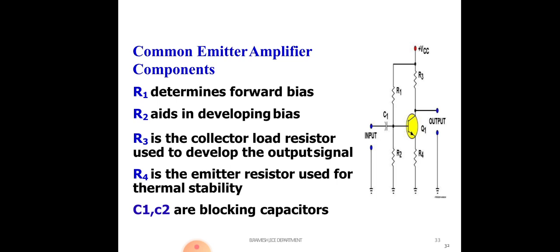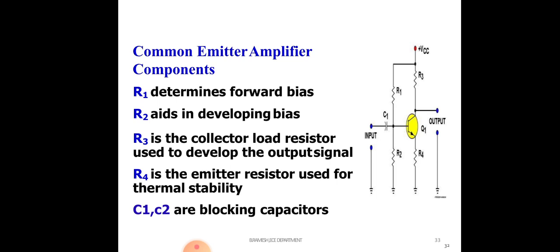R1 and R2 provide biasing, making the emitter base junction forward biased and the base collector junction reverse biased. R4 provides good stability. So R1, R2 and R4 provide biasing and stabilization.